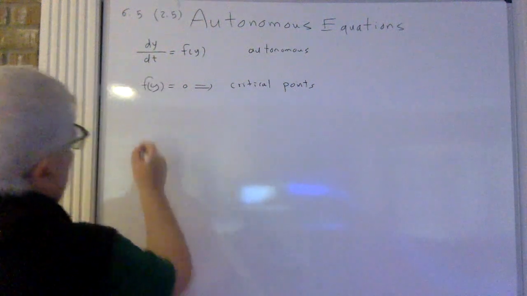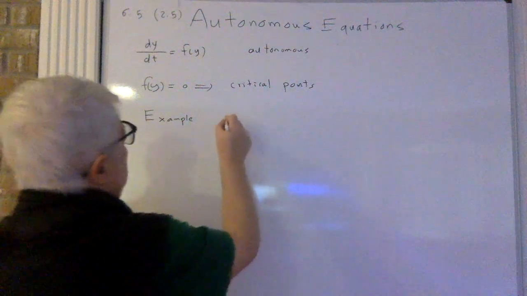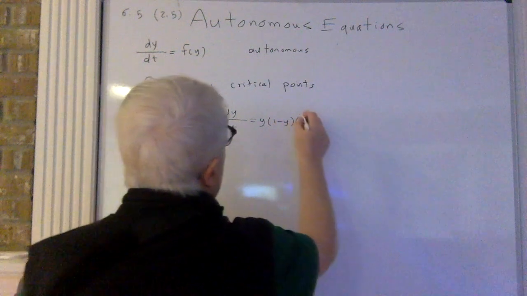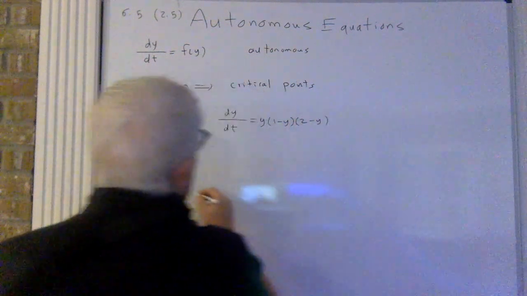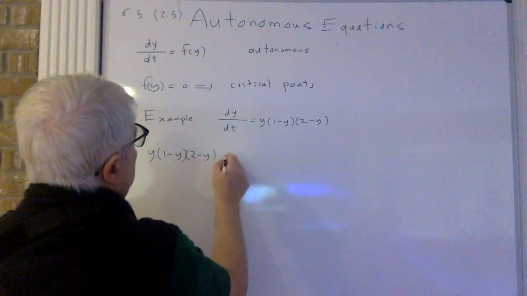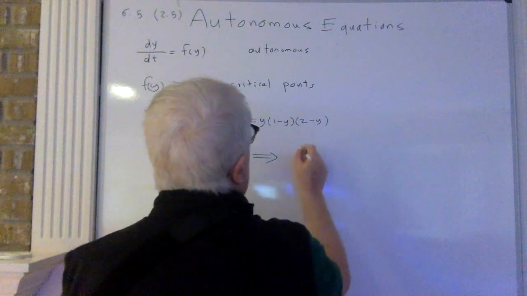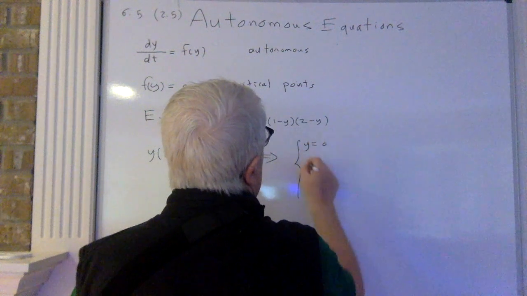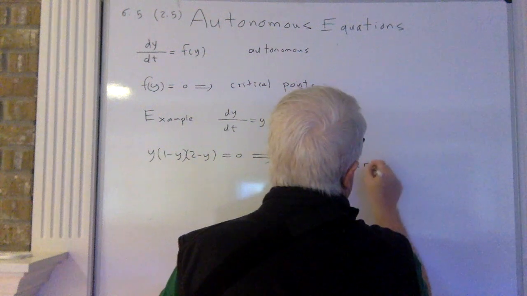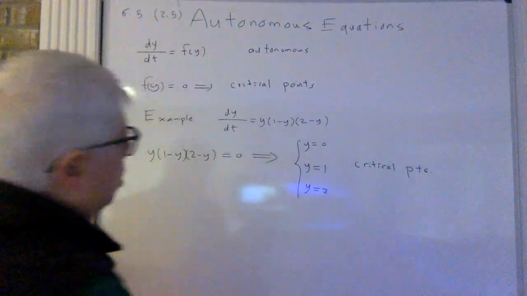Okay, so the example I gave you was dy/dt equals y times (1 minus y) times (2 minus y). So y times (1 minus y) times (2 minus y) equals 0 gives me y equals 0, y equals 1, and y equals 2. So these are critical points.